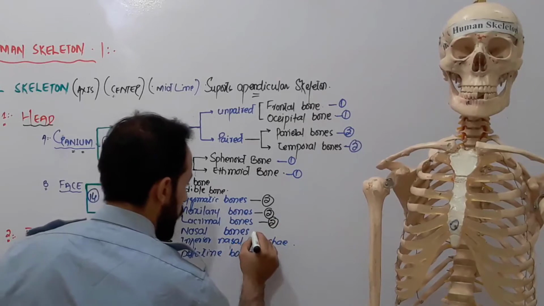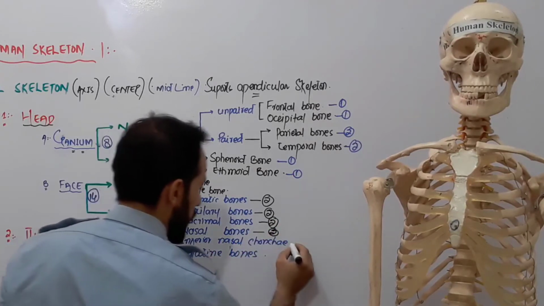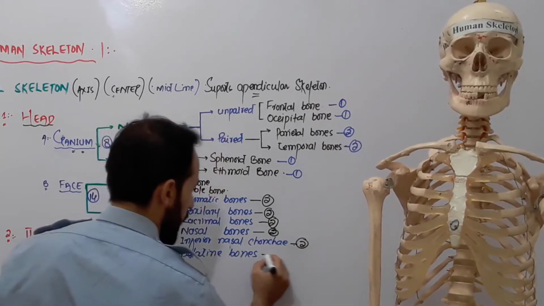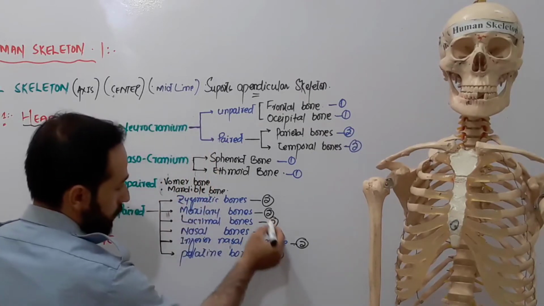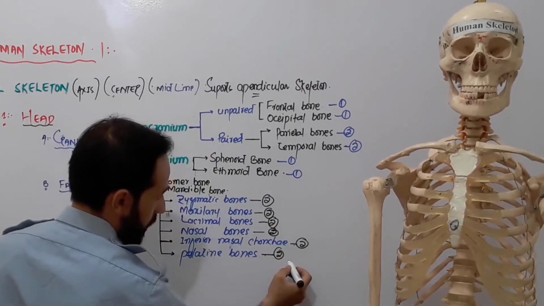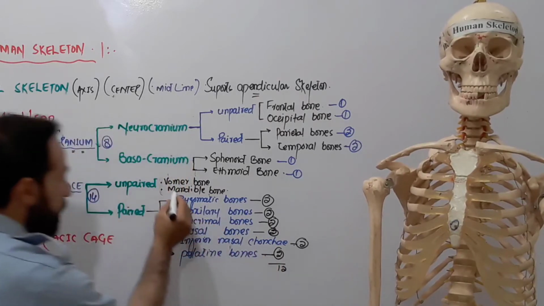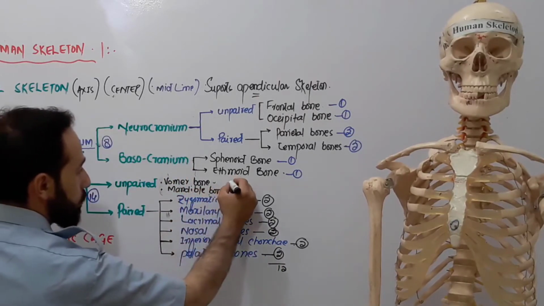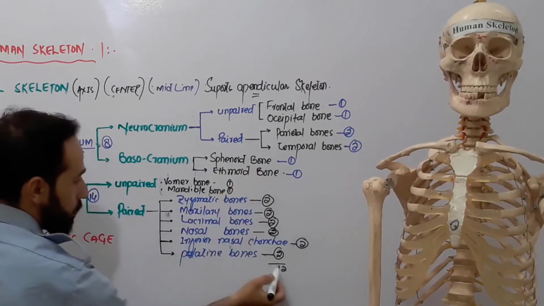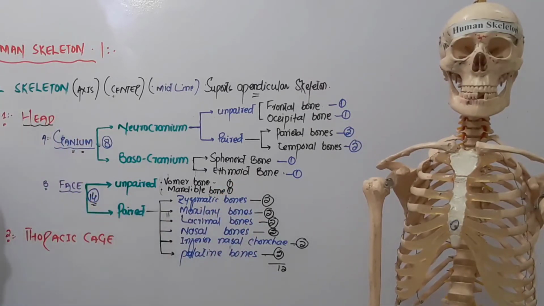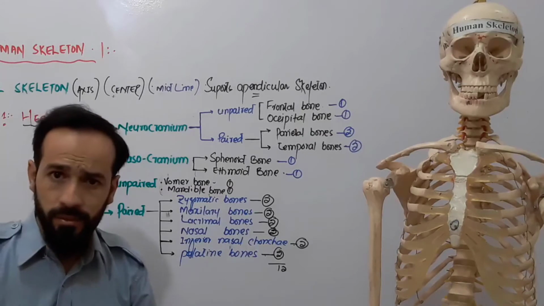Lacrimal bones, two. Nasal bones, two. Inferior nasal conchae, two. And palatine bones, two. So total 6, right? So, I'm sorry, total 12, right? And 13 and 14 are unpaired bones, right? So how many total? 14 bones, right, friends?